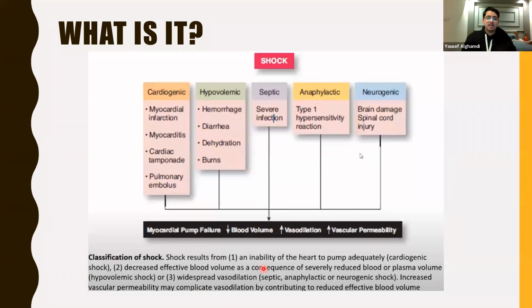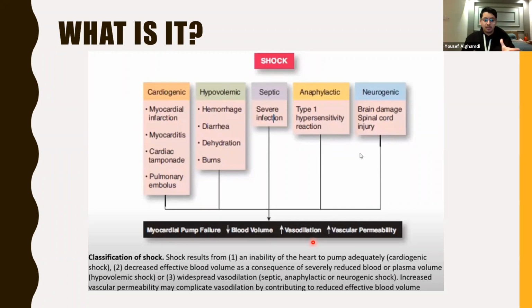And then three is widespread vasodilation, which is septic shock. I wanted to ask if anyone knows what septic shock is, but I don't think anyone's going to reply. Septic shock is basically due to bacterial toxin infection. The bacterial toxins cause your body to release a lot of vasodilators: histamines, prostaglandins, nitric oxide.